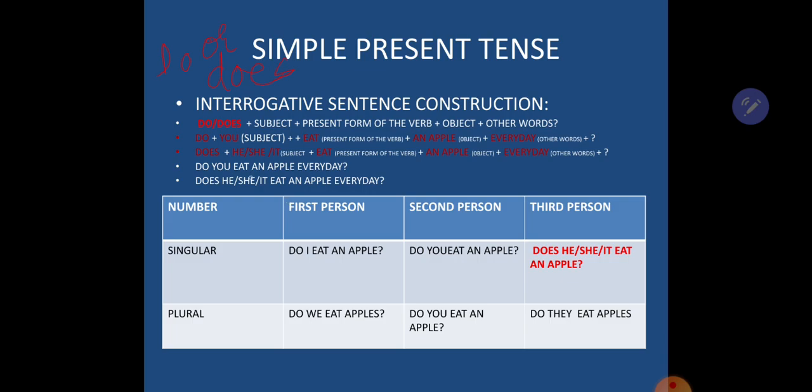So the sentence will be, do you eat an apple every day? And if it is third person singular, does he eat? Now here eats, S is not there. So when we use does, the verb will drop the S or ES. Does he eat an apple every day?